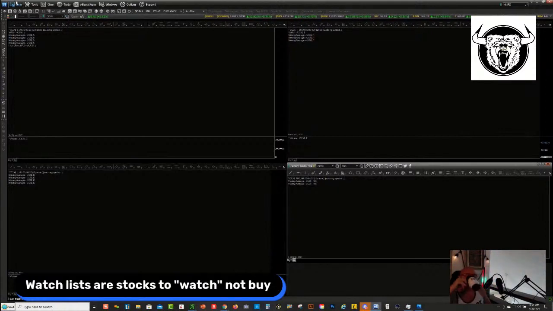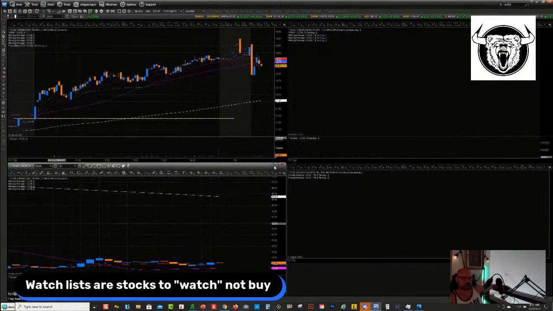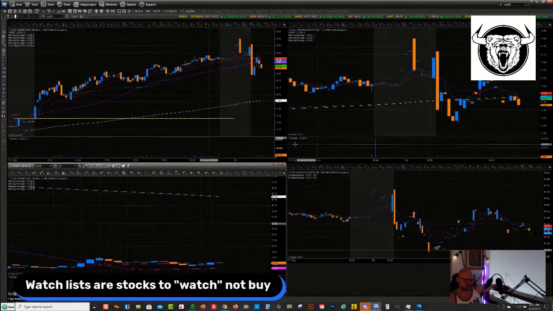CCXI. Very choppy. So this one's kind of in this range.